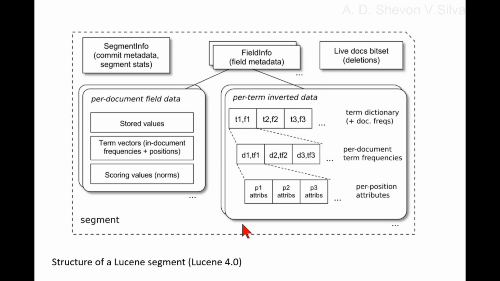Various token attributes such as positions, starting or ending offsets, or per-position payloads are also stored in the inverted data. It is possible, for example, to omit positional information while still storing the in-document term frequencies.